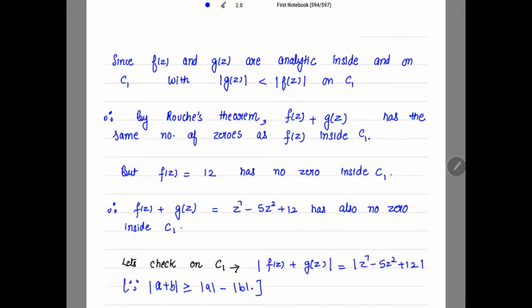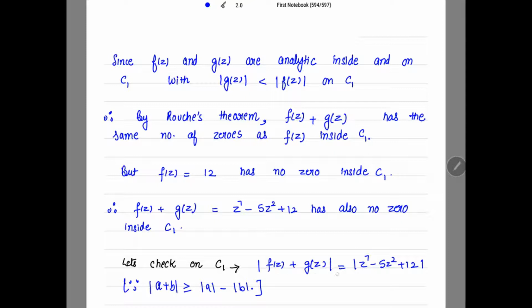Now let's check on C1. So mod of f(z) plus g(z), we have to check inside C1 there is no 0. Let's check, is there any 0 on C1? For that I'm checking this mod. This mod should come out to be 0 if it has 0 on C1. This is equal to mod of z to the power 7 minus 5z square plus 12, right?